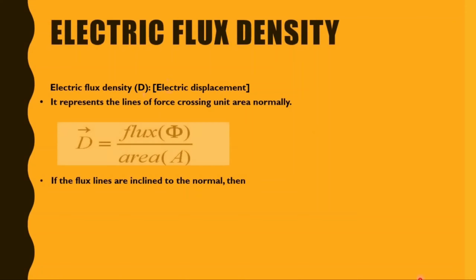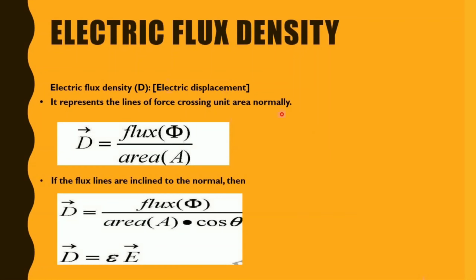It represents the lines of force crossing unit area normally, so it is phi by A. If the flux is inclined to the normal, we have a dot product with cos theta, and when we solve this we get epsilon E.